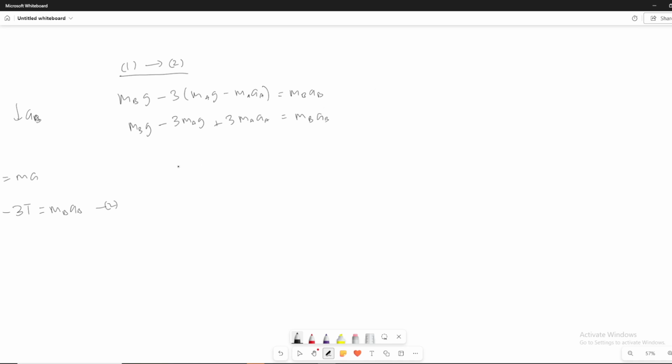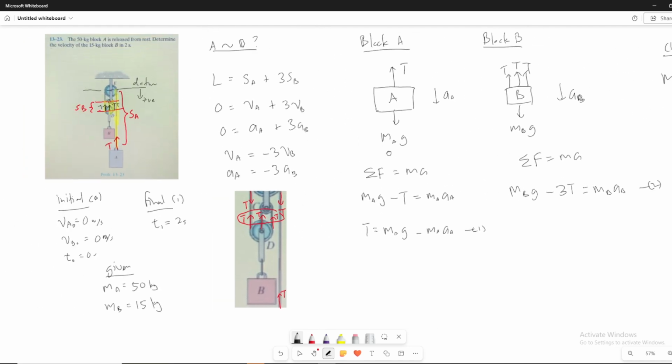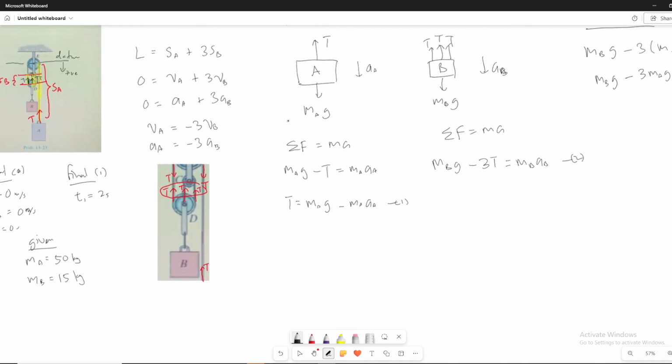We already have the relationship between A and B, so let's substitute this: AA equals negative 3 AB.